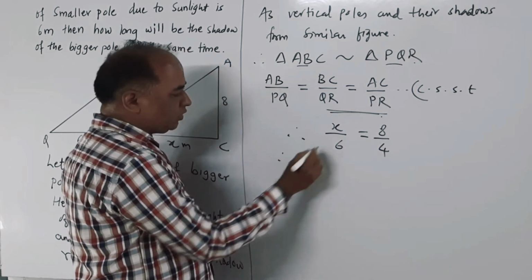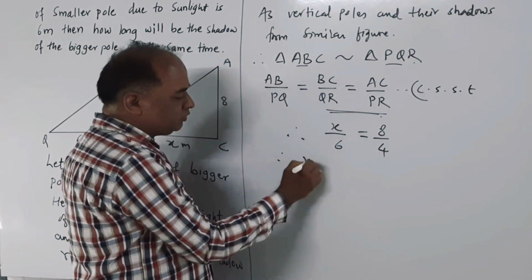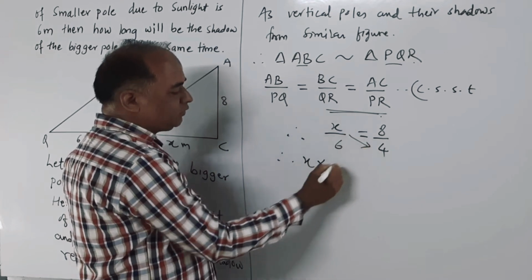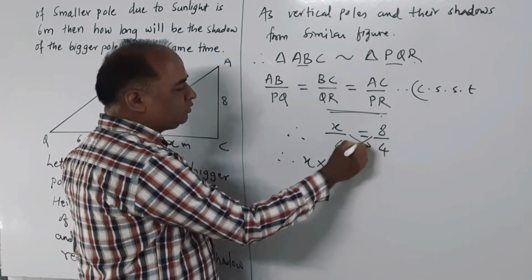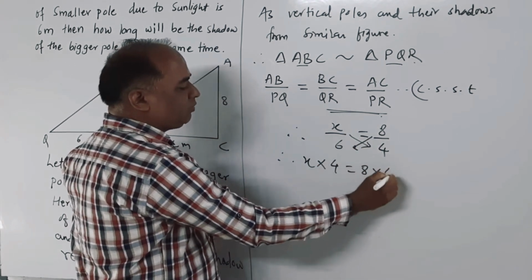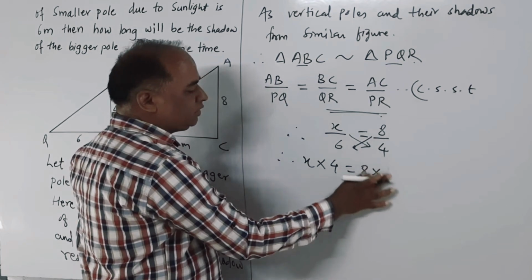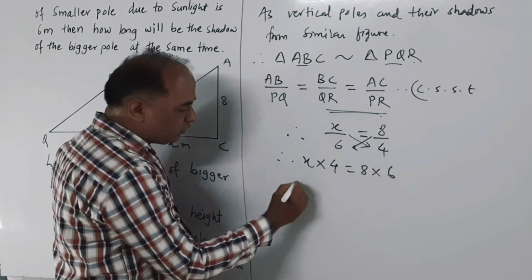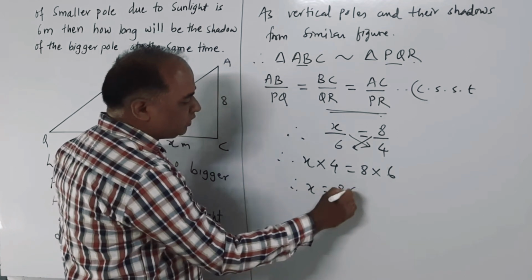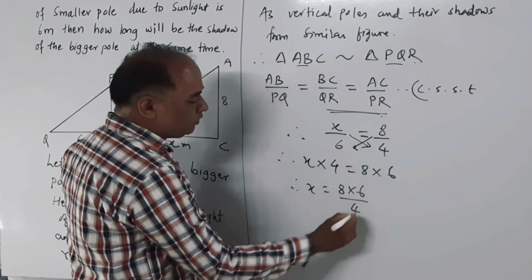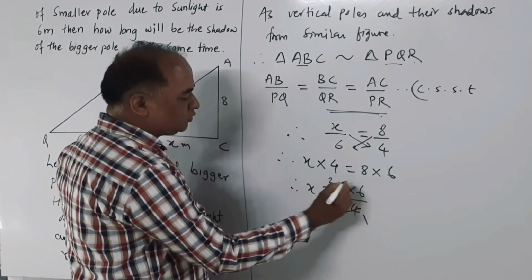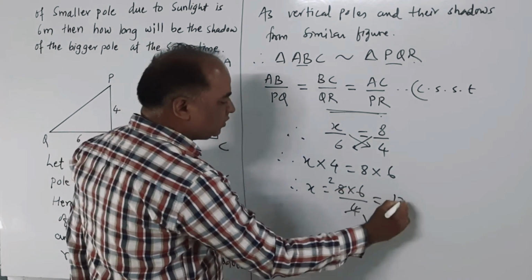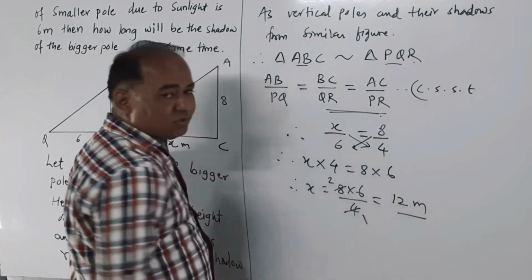Therefore, cross multiply here: X into 4 is equal to 8 multiplied by 6. Therefore, X is equal to 8 into 6 divided by 4. 4 ones are 4, 4 twos are 8. So, 6 twos are 12 meters. X is 12 meters.